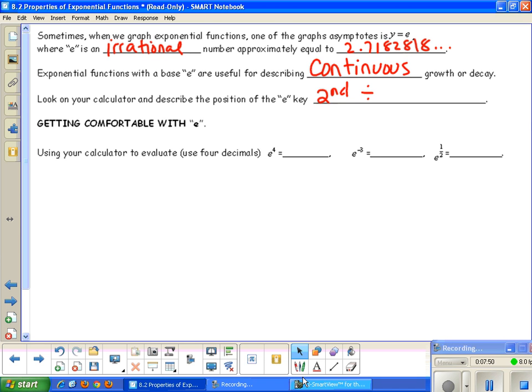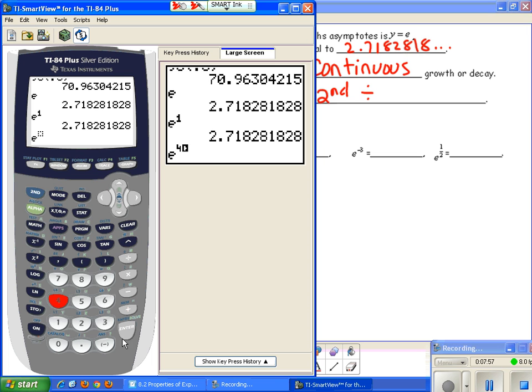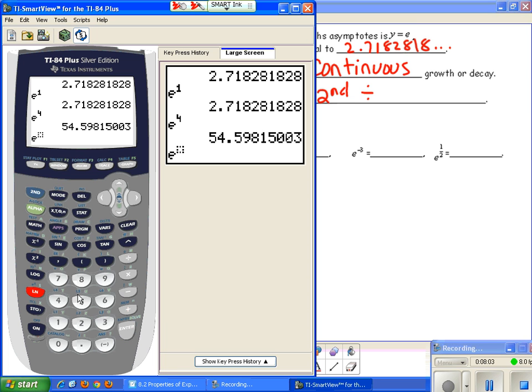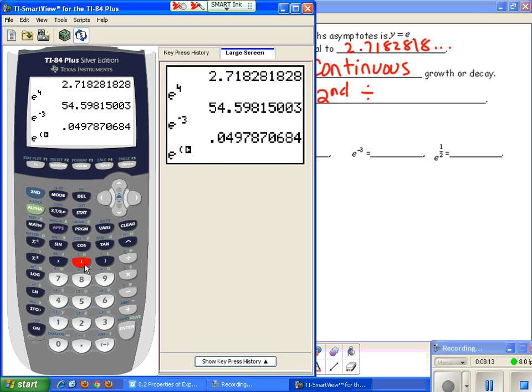If I wanted to do e to the fourth power in my calculator, I would just do second division to the fourth, enter. Or I could do second ln if I wanted to do e to the negative third power. And if I wanted to do e to the 1/2, and if you're doing the 1/2 power, make sure to put it in parentheses, especially if you have an older calculator.